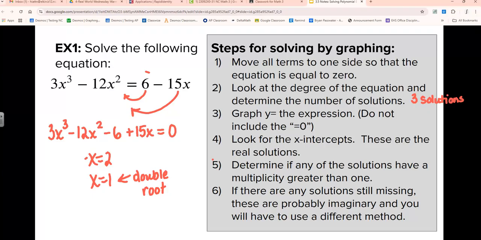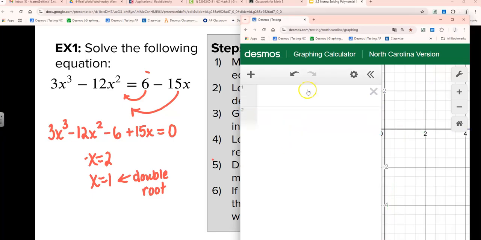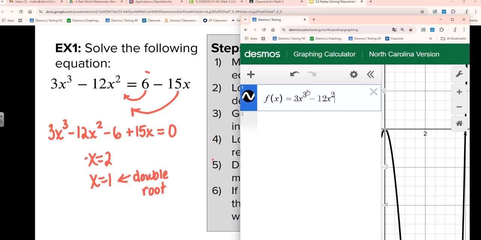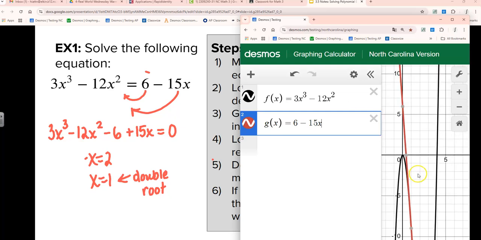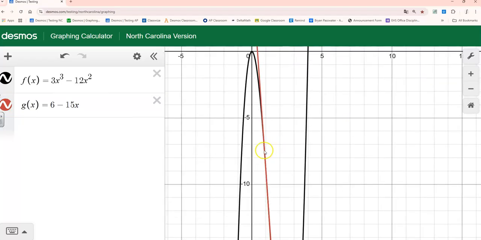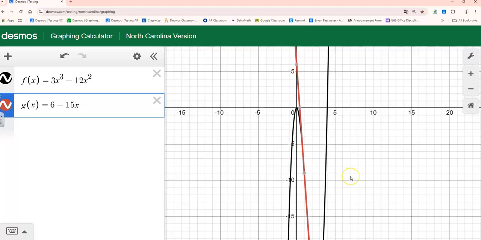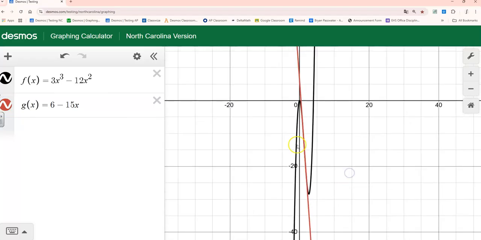I typed something in wrong on that first one, the first way I did it. Yeah, this is what it should have looked like on the first way that I did this.